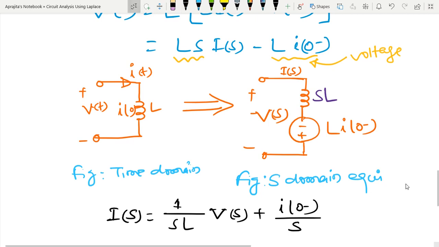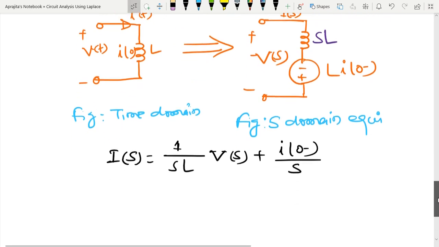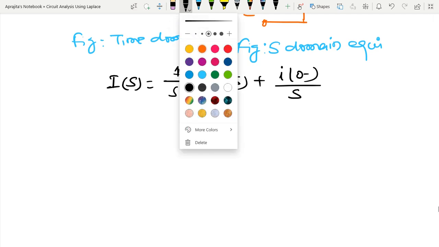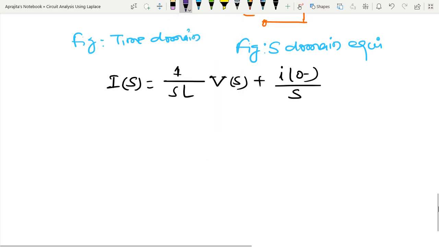After that I am again going to draw the equivalent circuit. If I interpret the expression like this, my equivalent circuit looks a little bit different, and again I have some kind of voltage source in S domain or frequency domain, and here you can see that I have some current I that is a combination of two currents.